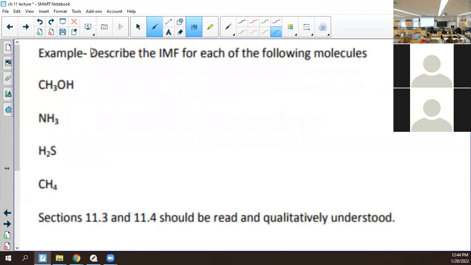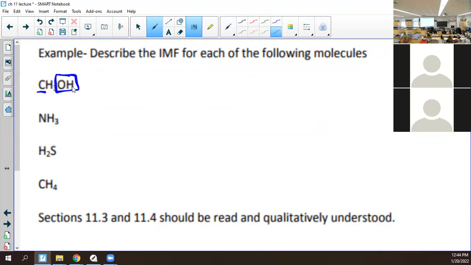Here we go. Describe the intermolecular forces for each of the following molecules. So, anyone know what this is called right here? It's okay. You're not required to know this language. If you have one C, it starts with meth. It's methanol.